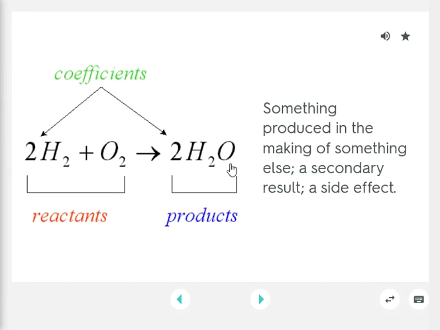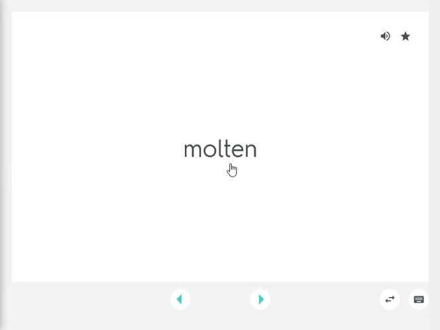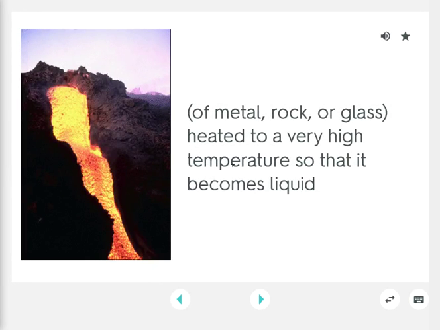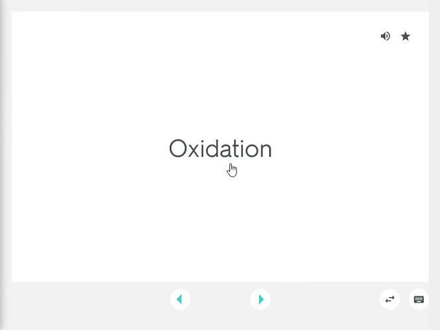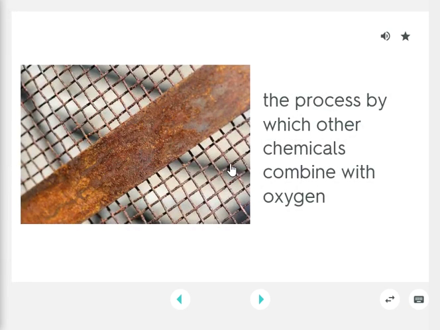Byproduct is something produced in the making of something else, a secondary result or a side effect. Molten means heated to a very high temperature so that it becomes liquid. Oxidation. Oxidation is the process by which other chemicals combine with oxygen.